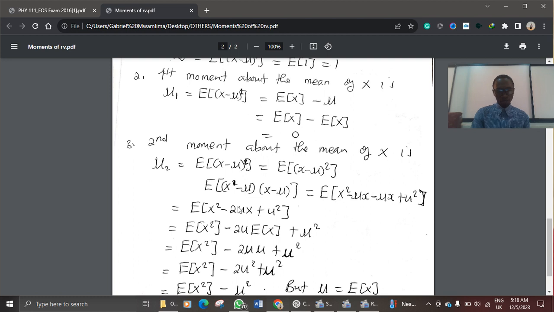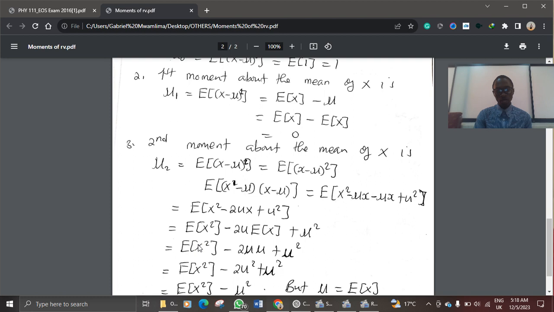Multiplying through with the expectation, we have the expectation of x squared, and here 2 and mu are constants, so we have the expectation of the variable x, plus mu squared, which is again a constant. So the expectation of x squared minus 2 mu times the expectation of x, which is mu, plus mu squared.